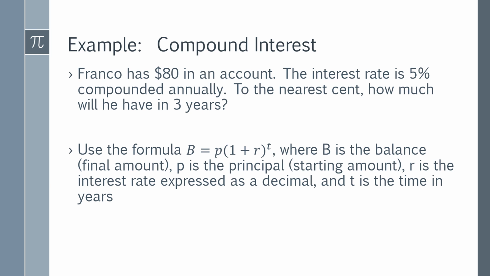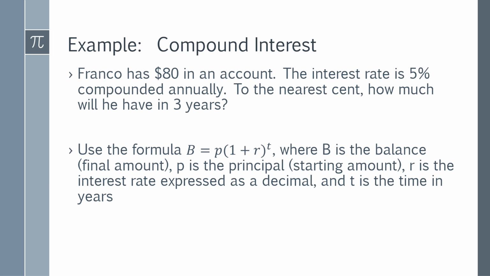The interest rate is 5%, compounded annually, to the nearest cent. How much will he have in 3 years? This is pretty straightforward. You guys like exponential functions a lot. They're pretty easy, the easiest to deal with. They don't have a whole lot of unique characteristics.